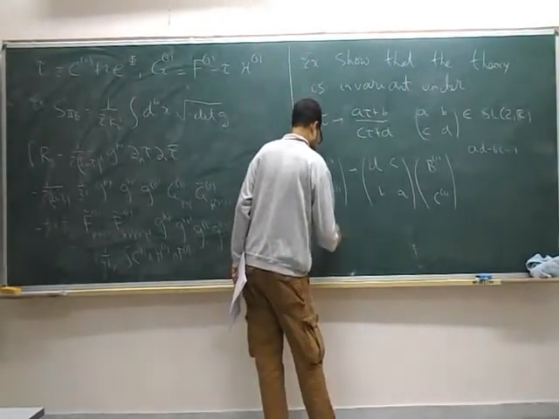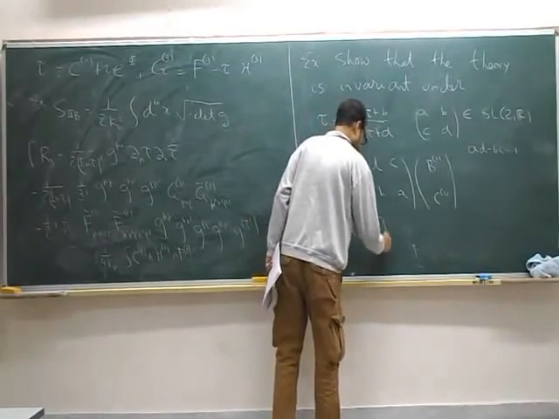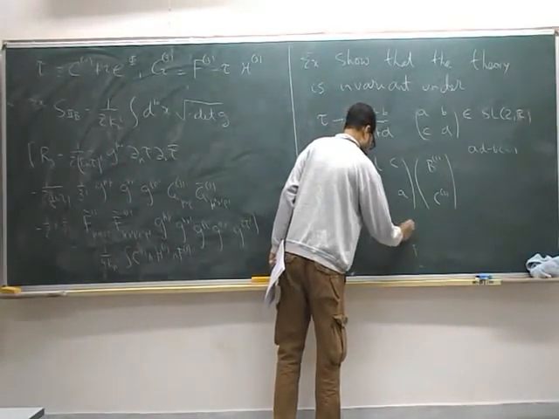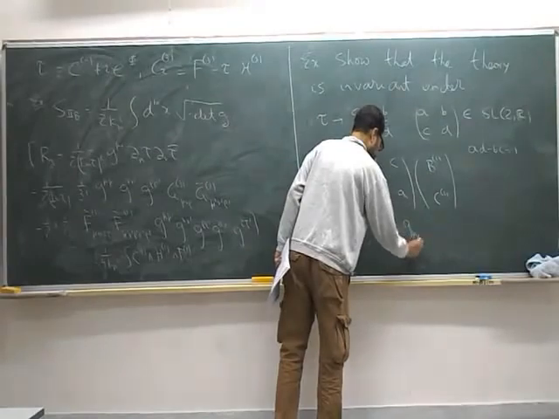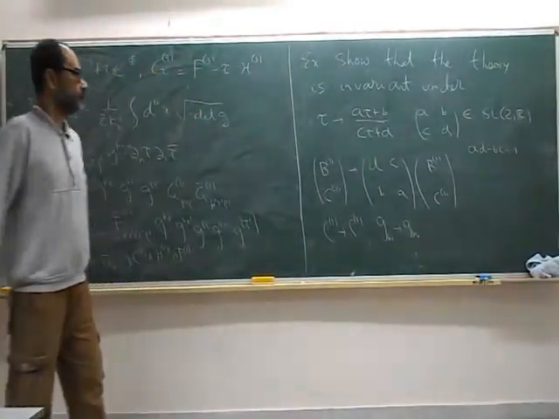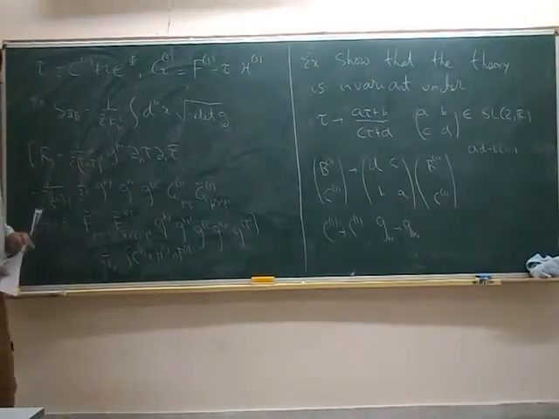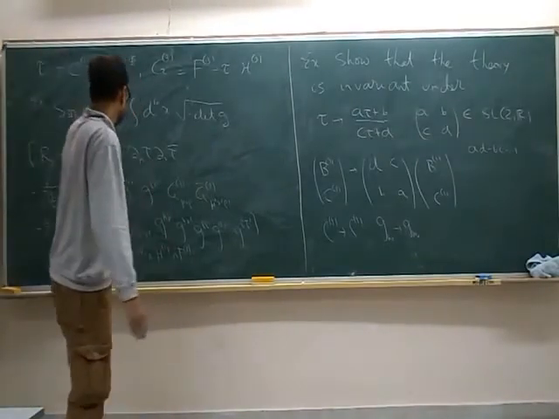C4 remains unchanged and G0 remains unchanged. Okay, this is straightforward. What you have to do is to check that the action is invariant.